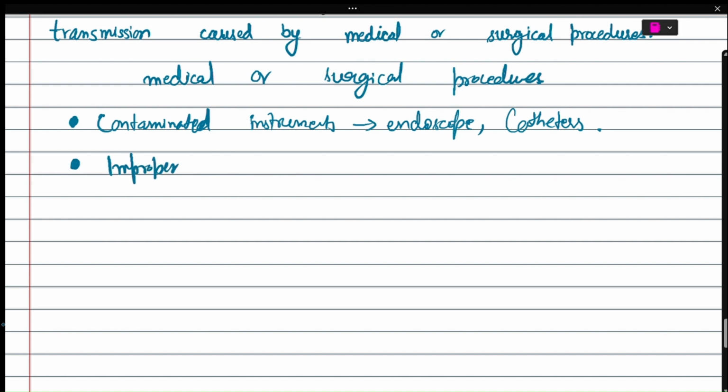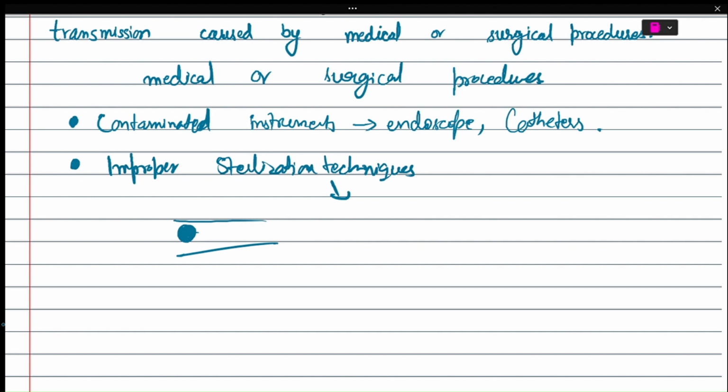Then we have improper sterilization techniques. Let us say this is an arm. Before pricking your veins, we clean this area using ethanol or some alcohol, so that the existing bacteria, viruses, or any pathogens get away from that site, and we can draw out clean blood.